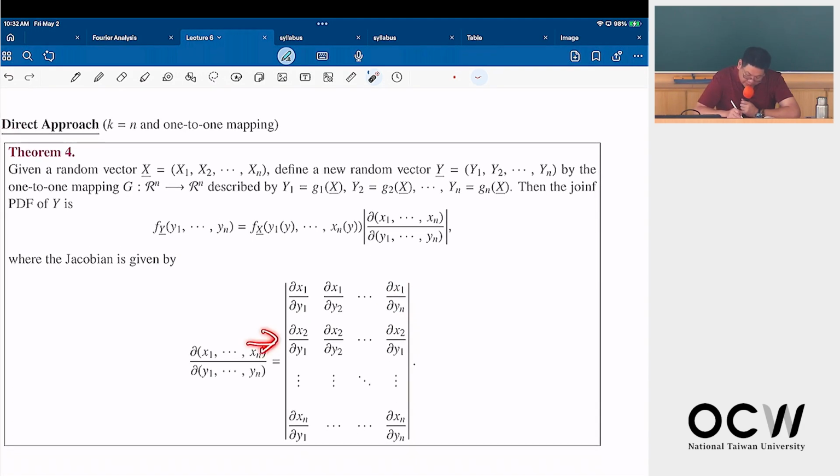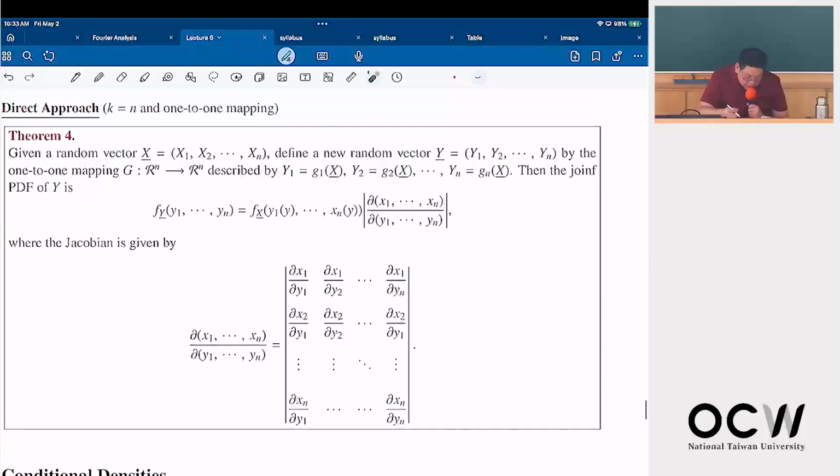The second row will be related to x2, until the last one, xn. So partial xn over partial y1, partial xn over partial y2, and then till the last element, partial xn over partial yn. Okay, so this is a direct approach.